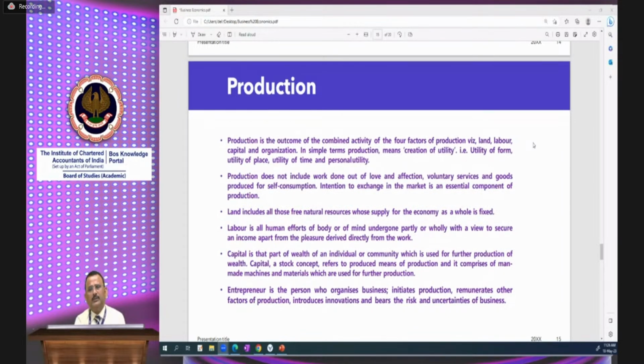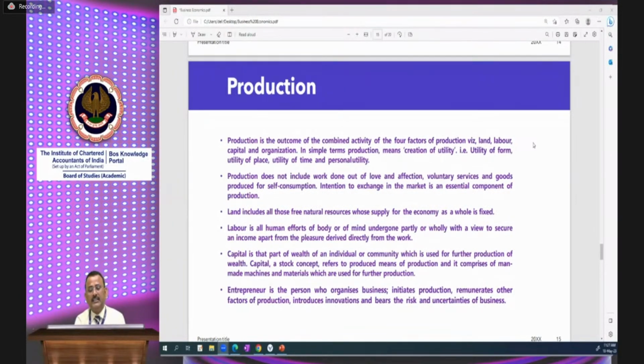So what is production? Production is the outcome of combined activities of 4 factors of production, that is land, labor, capital, and entrepreneurship. In simple words, production means creation of utility. Production does not work out of love and affection, voluntary services and goods for self-consumption.